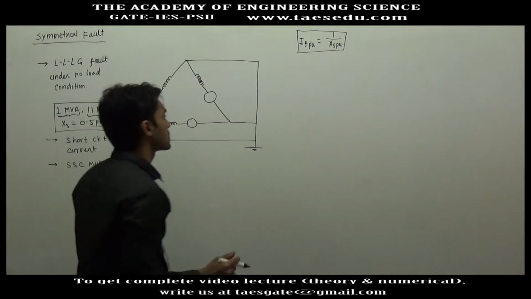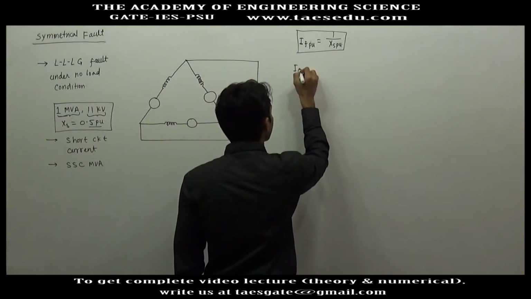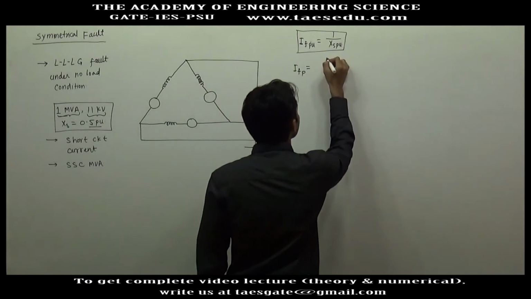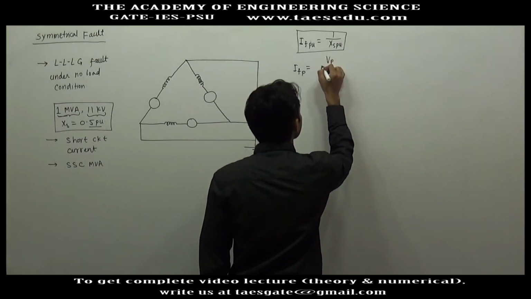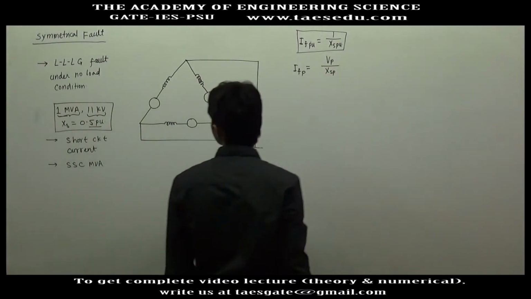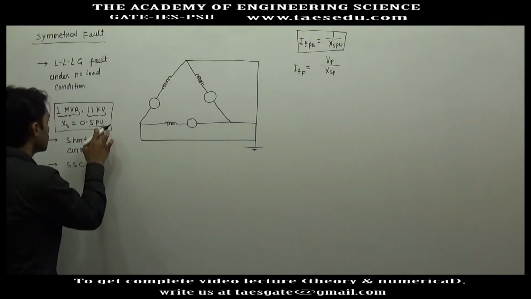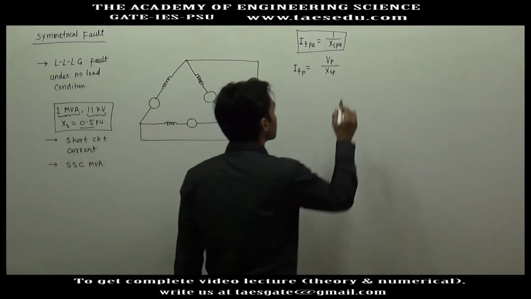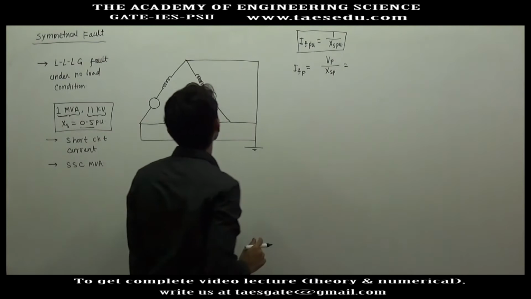So first let us try to find out the actual value of fault current in the phase. This will be per phase voltage divided by per phase synchronous reactance. This is pu value of per phase synchronous reactance. So what will be per phase voltage?